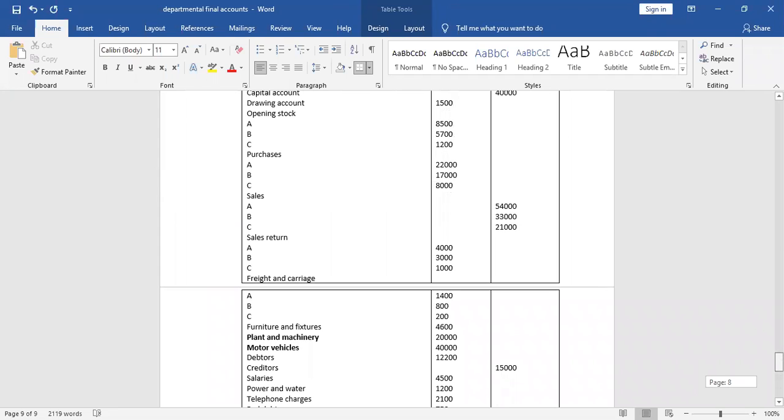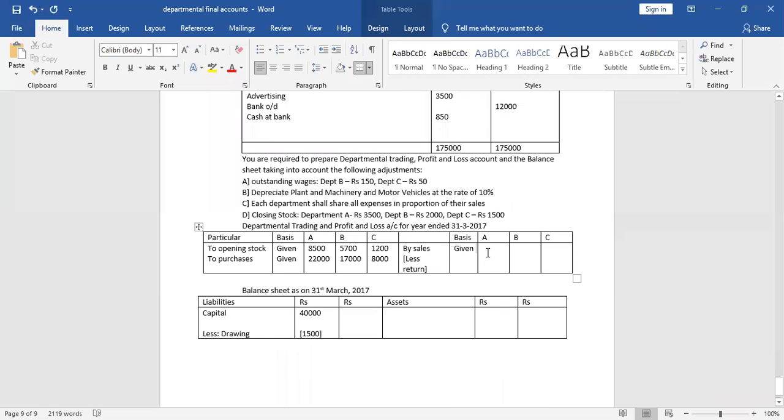Sales 54,000, returns 4,000. 33,000 returns 3,000 and 21,000 returns 1,000. So 54 minus 4 is 50,000. So यहाँ पे लिखेंगे 54,000 minus 4,000 returns, that is 50,000. 33,000 sales, 3,000 returns. So this is 30,000. 21,000 sales, 1,000 returns. So this is 20,000.